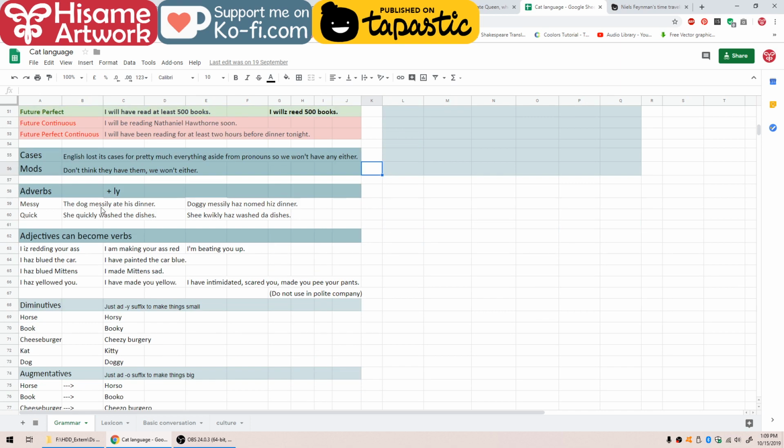For verbs, I like the plus li, adding that suffix into making something a verb. So the dog messily ate his dinner. Doggy messily has nommed his dinner will be. For quick, she quickly washed the dishes, and that will become she quickly has washed the dishes.